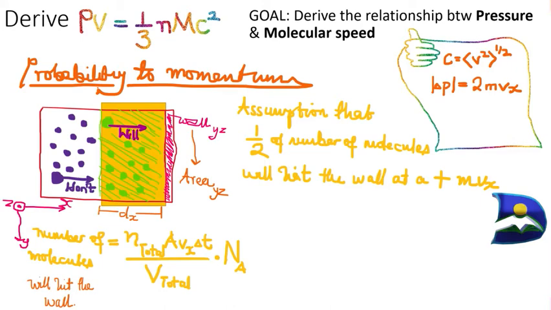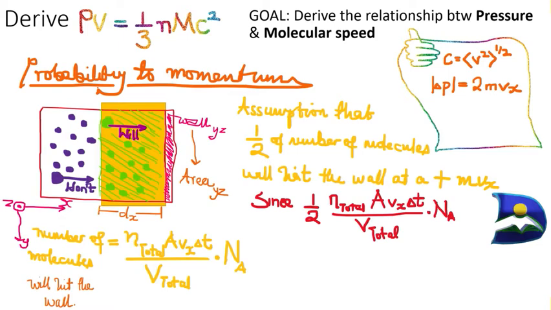Since we have a relationship between the number of molecules and one particle's direction, which is then incorporated into all the half molecules' direction momentum, then we consider half of that particular number of molecules.